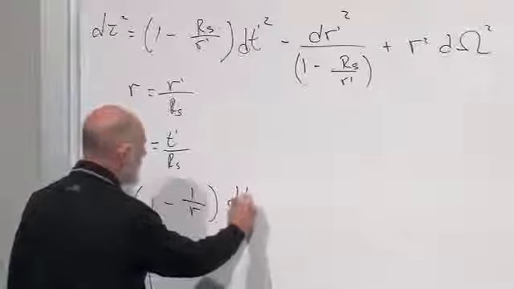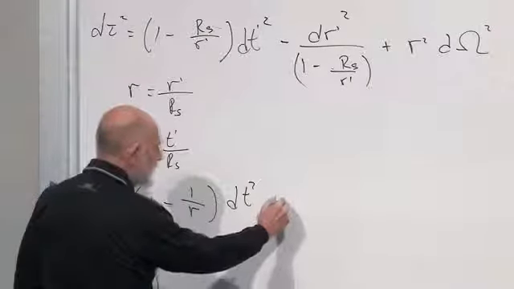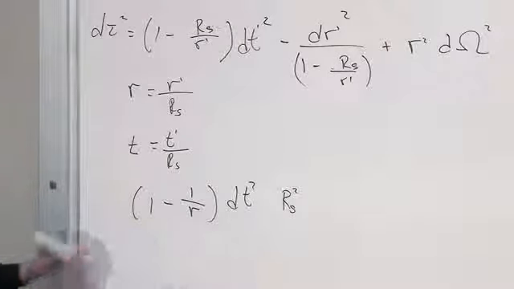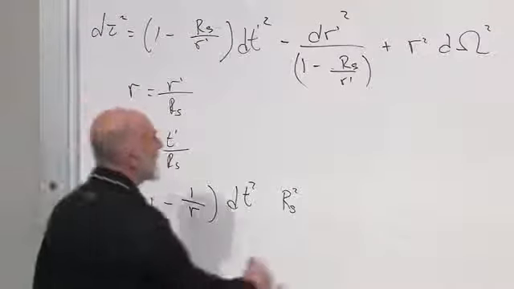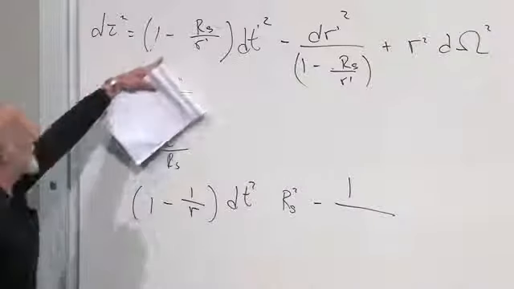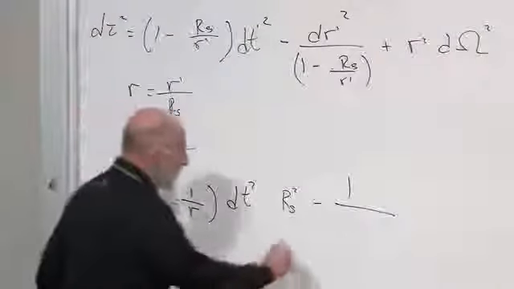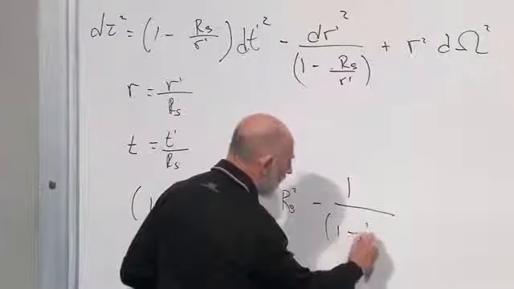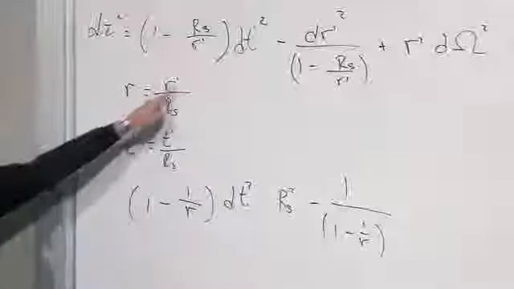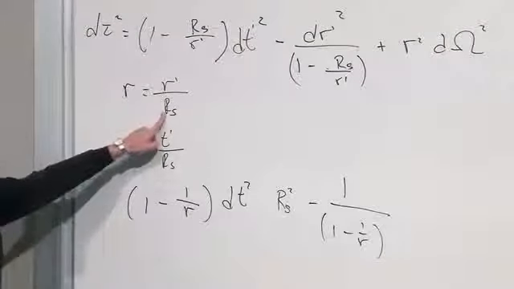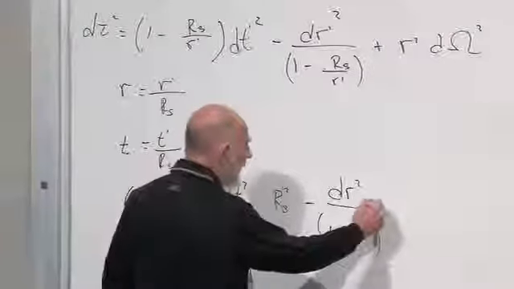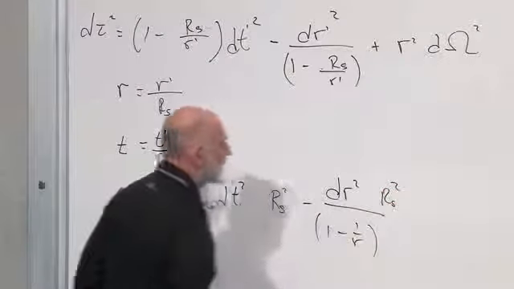That's dt squared times r Schwarzschild squared. All right, so that's the first term. Next term, minus, now the thing in the denominator is exactly the same thing as in the numerator over here. So it's again 1 minus 1 over r. And now we have dr prime squared. R prime is r times r Schwarzschild. So this is just dr squared times again r Schwarzschild squared.